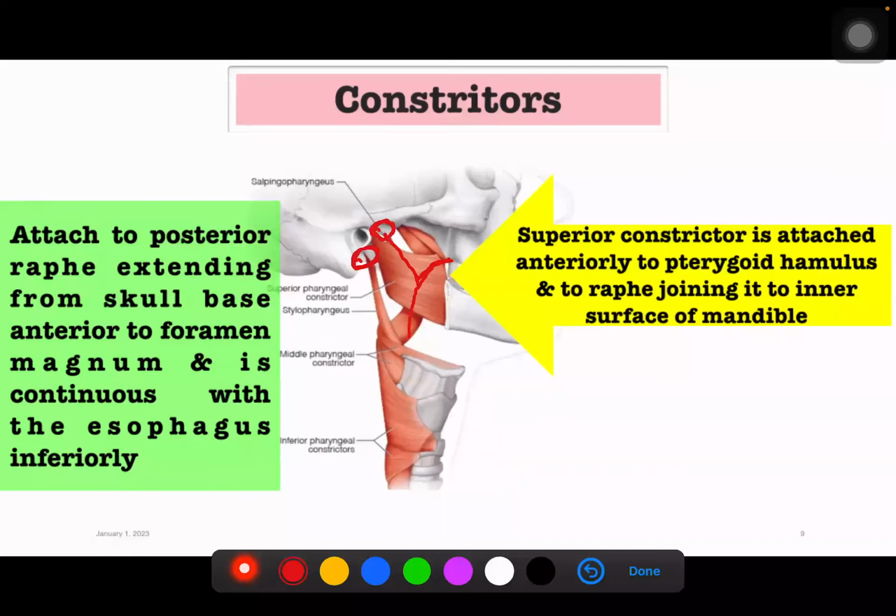Then palatopharyngeus and stylopharyngeus will insert into thyroid cartilage, and by contraction, they will elevate the pharynx and larynx upward during swallowing. Also, the palatal muscles will help elevate the soft palate during swallowing. And with a ridge formed by contraction of superior constrictor called Passavant ridge will help prevent food from refluxing into the nasopharynx.